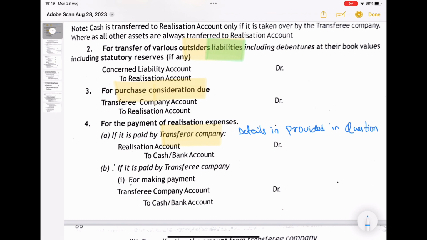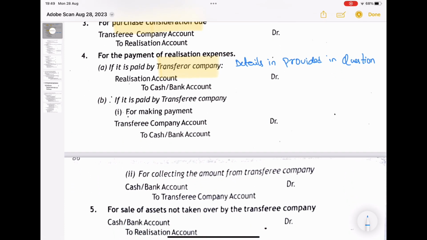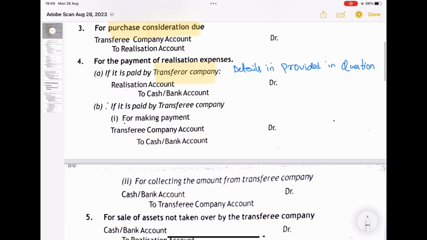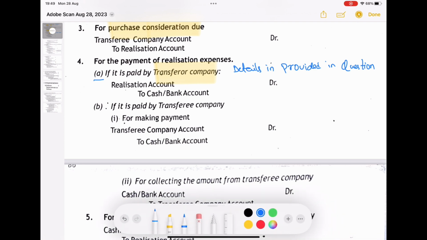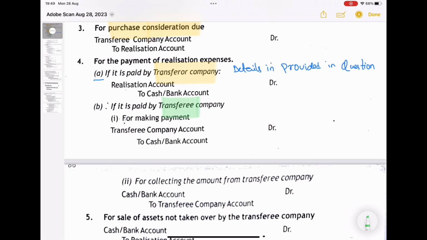So next, see, for the fourth entry, for the payment of realization expenses, we have two different things. One is if paid by transferor, realization account debit to cash or bank account. If it is paid by the transferee company, the entry will differ.